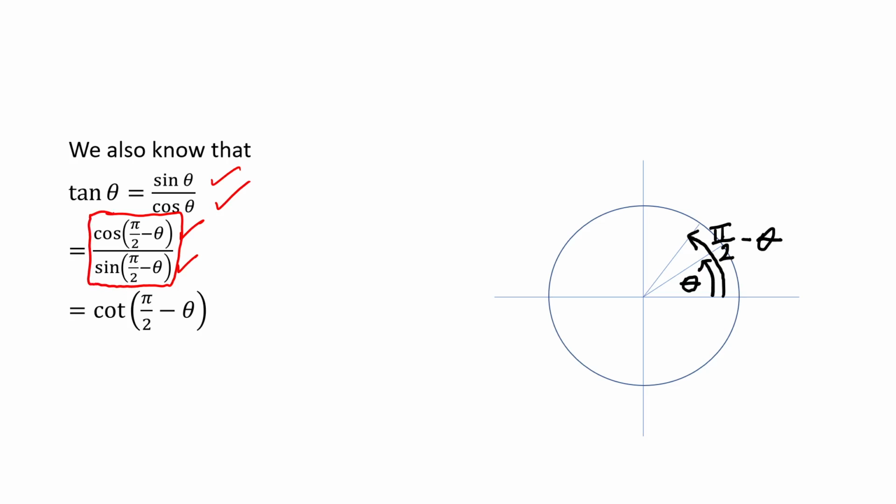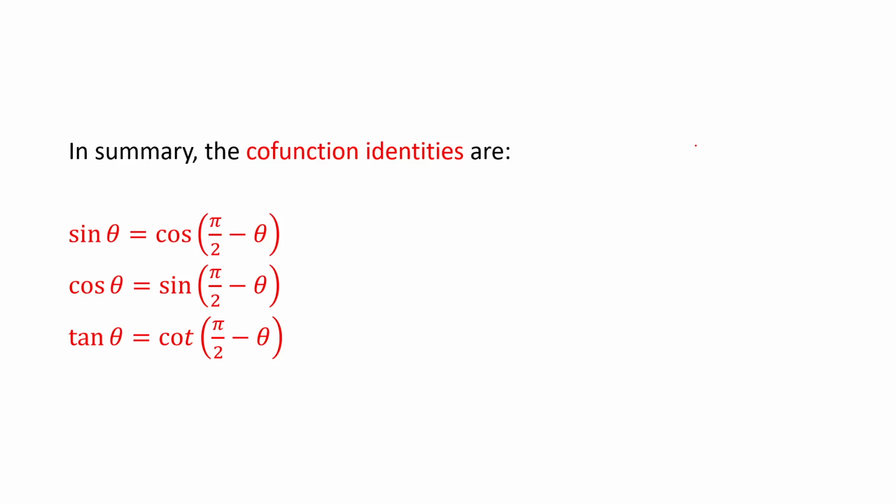So what we really have is the cotangent of that angle, which is the cotangent of pi over 2 minus theta. So we've just established on this slide that the tan of theta is equal to the cotangent of pi over 2 minus theta. And so putting all the identities together that we've talked about, we've established these three, which are called the cofunction identities.